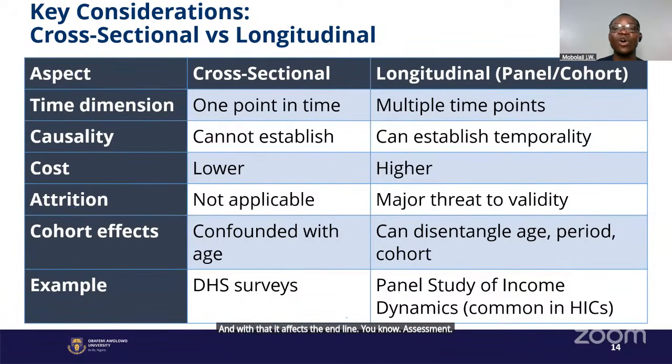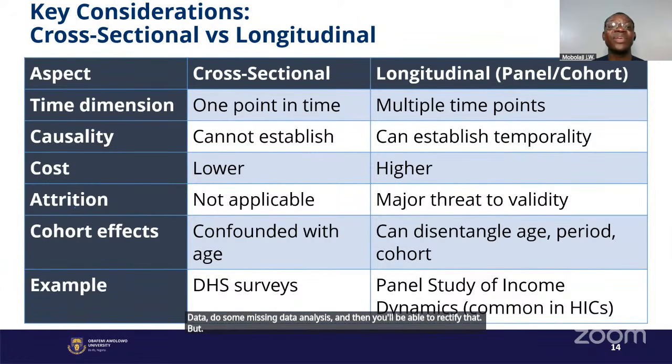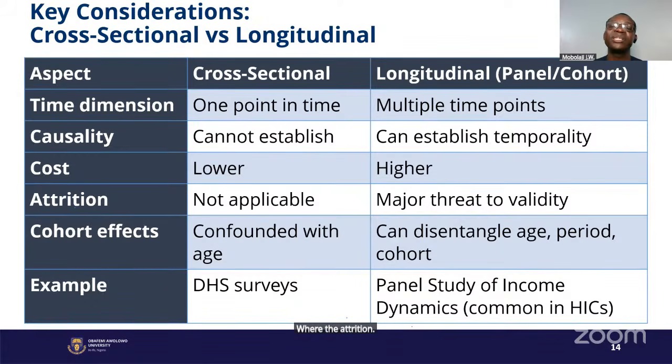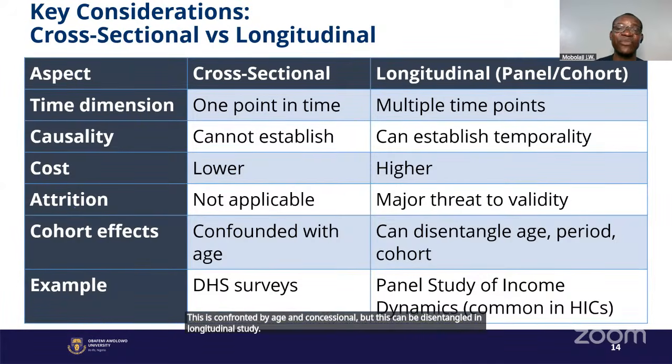But there are some new innovations too. You can look at missing data, do some missing data analysis, and then you'll be able to rectify that. But where the attrition is high, it's a big threat to cohort study. Then cohort effect also is confounded by age in cross-sectional, but this can be disentangled in longitudinal study. And we have a few examples.